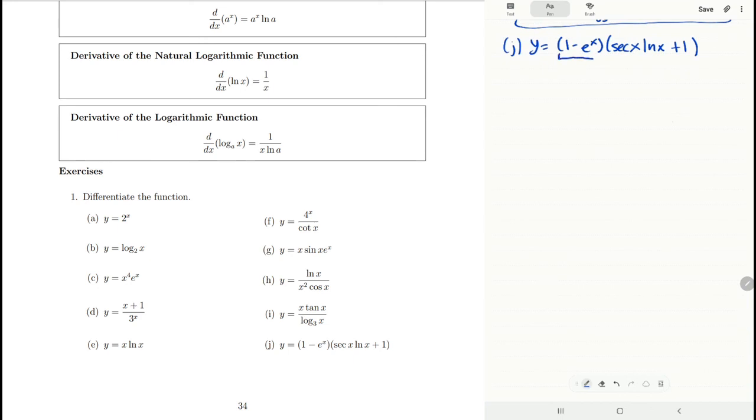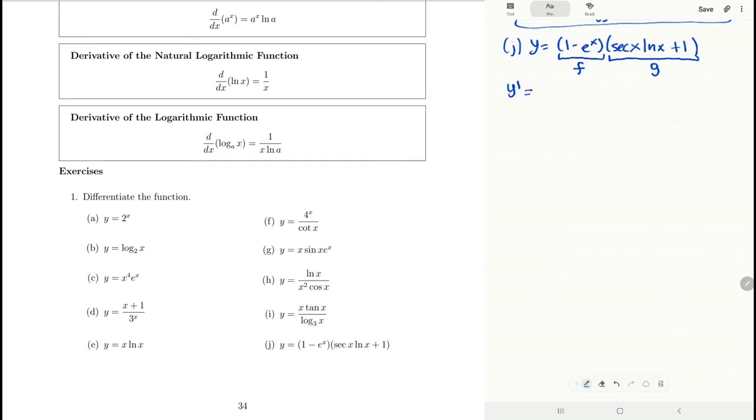So we will call 1 minus e to the x as our f, and secant x times the natural log of x plus 1 is our g. Now for this function, we will need to apply yet another product rule as we apply the first product rule. So when we differentiate the function g, we will need to use yet another product rule.